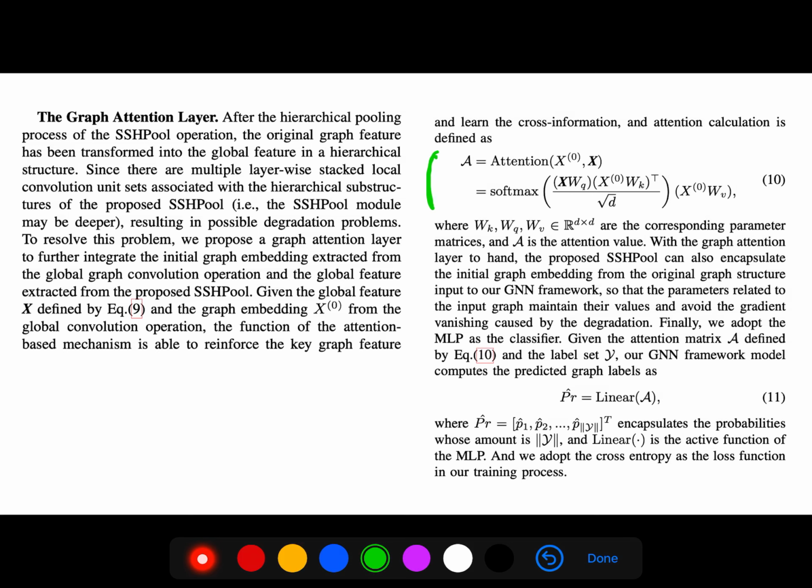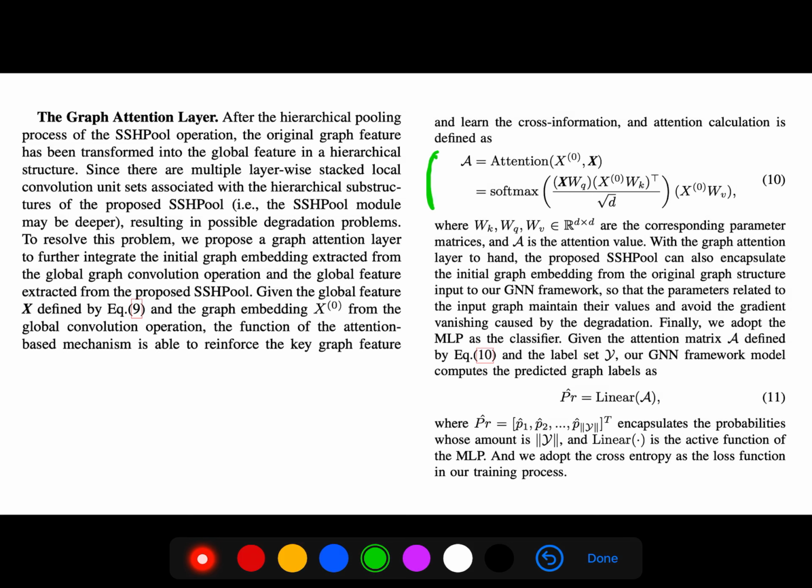Since there are multiple layer-wise stacked local convolution unit sets associated with hierarchical substructures, resulting in possible degradation problems, to resolve this problem we propose a graph attention layer to further integrate the initial graph embedding extracted from the global graph convolution and the global feature extracted from the proposed SSHPool.